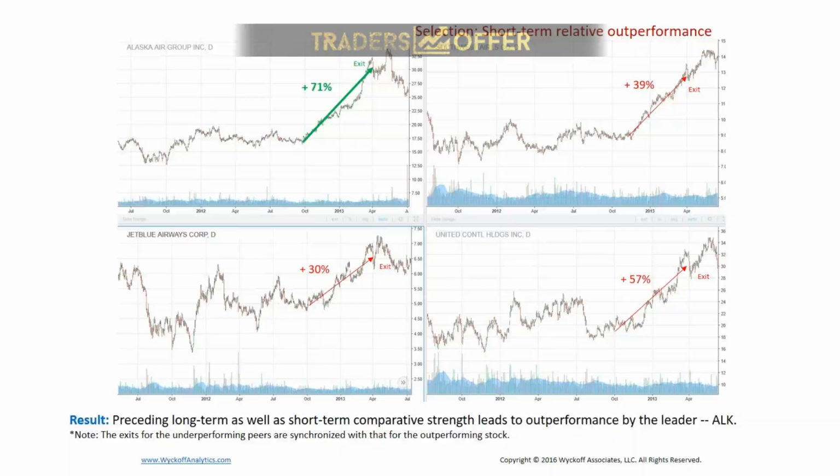What kind of effect is that going to have for your yearly performance? Obviously, you're going to outperform, and obviously you're going to perform in a very significant way.